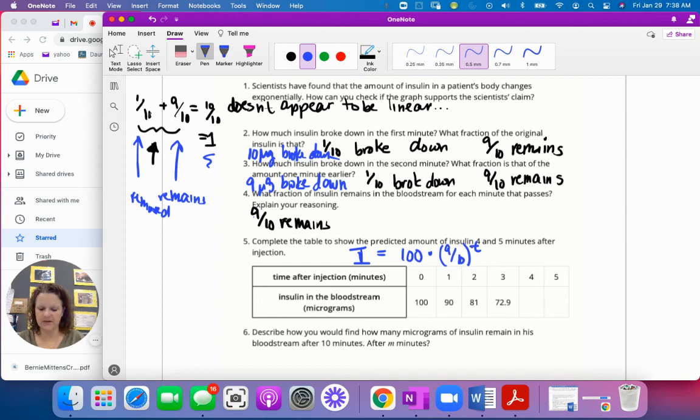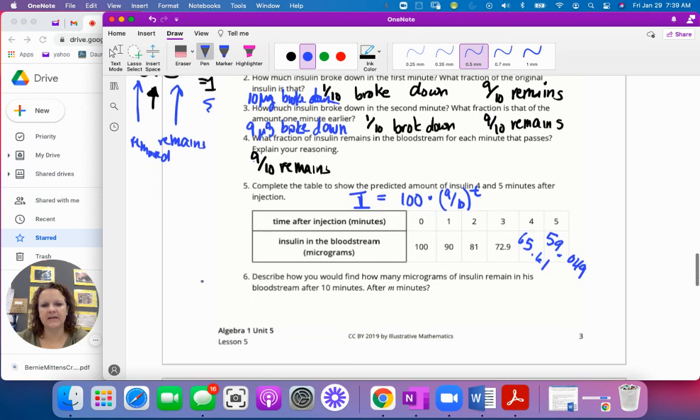Easy. 100 times 9/10 raised to the first power is 90. 100 times 9/10 raised to the second power, 81. I'm going to skip time equals 3 because I know it's working. So now I can do raised to the fourth power, and I get 65.61. And then 100 times 9/10 raised to the fifth power, 59.049.